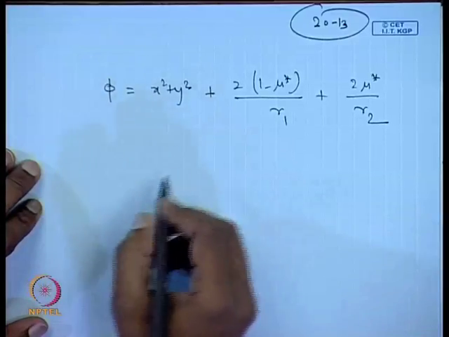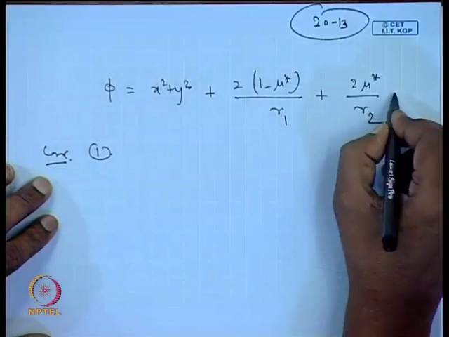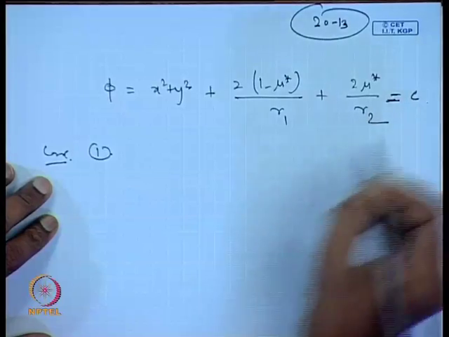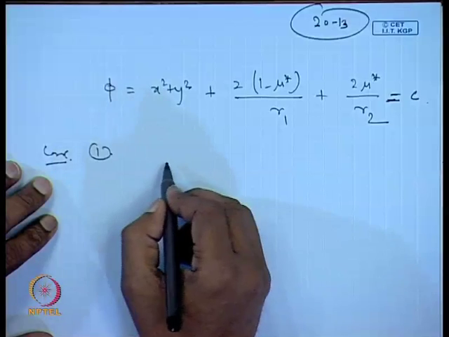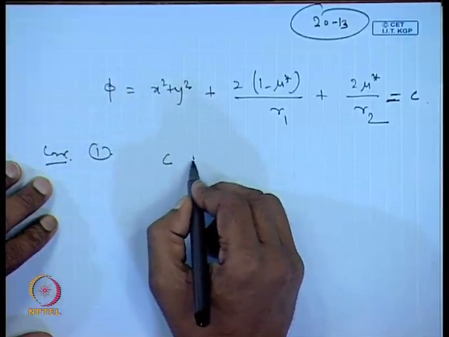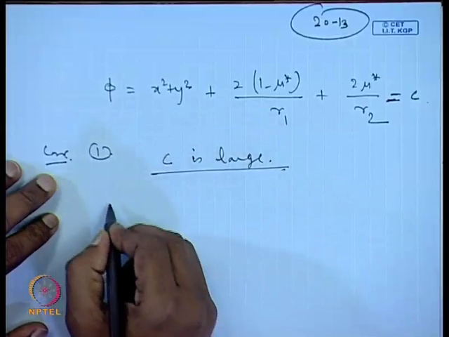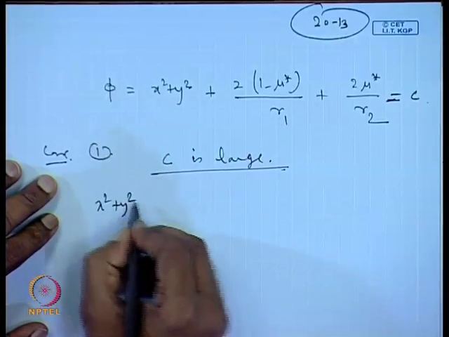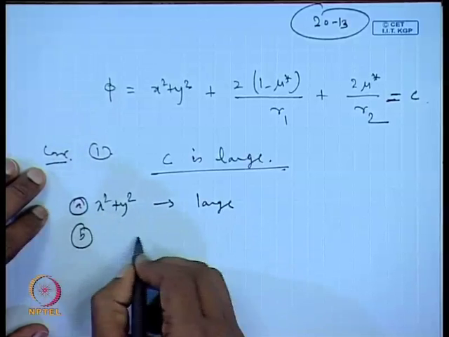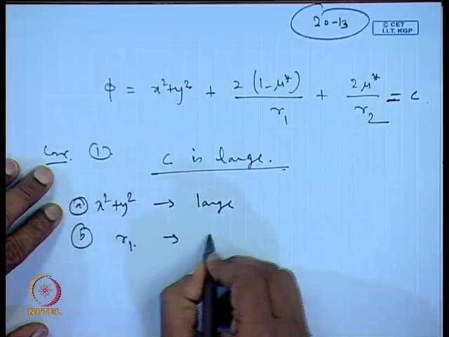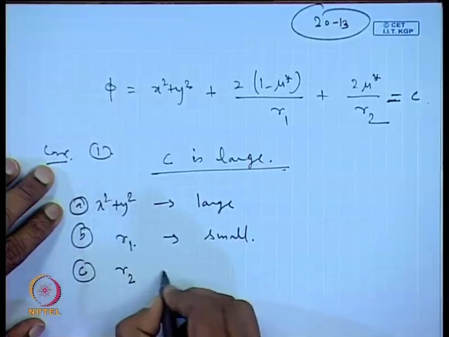So, we can discuss case 1: c is large. This can happen when x square plus y square becomes large, or r1 becomes small, or r2 becomes small.